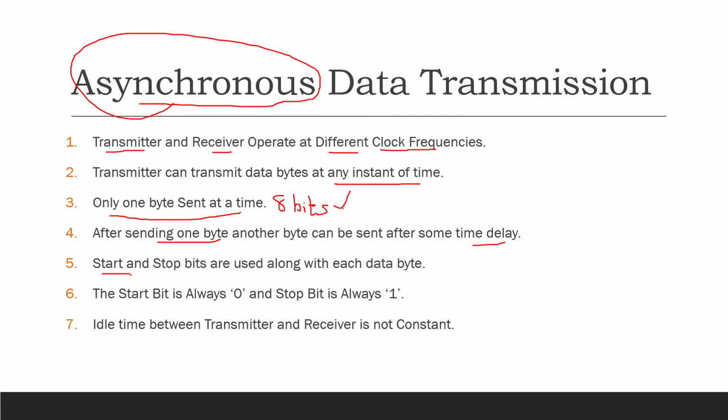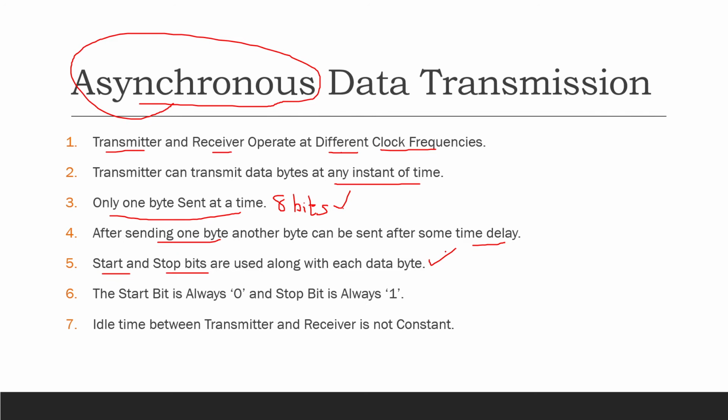Next is start and stop bits are used along with each data byte. The meaning is that our information is transmitting, but in addition to our information bits, we are padding or adding a start bit and stop bit to our information so that at the receiving end, our receiver can decode that particular information using start bit and stop bit.